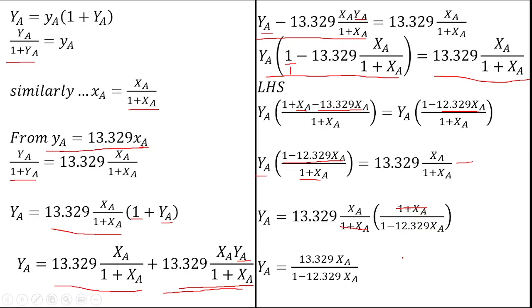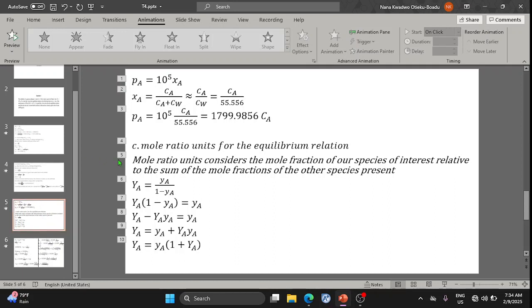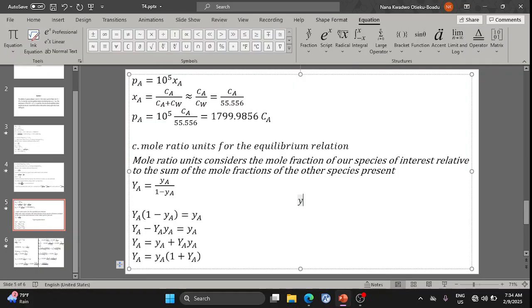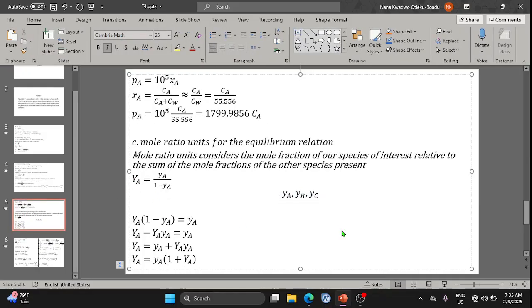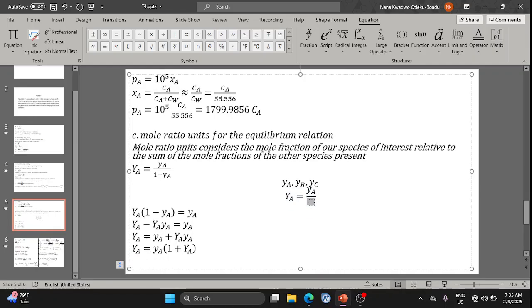Now, let me type out what I was trying to say earlier. So what I was trying to say was, will there be enough space? Okay. So let's say we have YA, we have YB, we have YC, right? And we want to find the mole ratio for A. So all we are saying is that it is going to be YA over the sum of all the other terms.